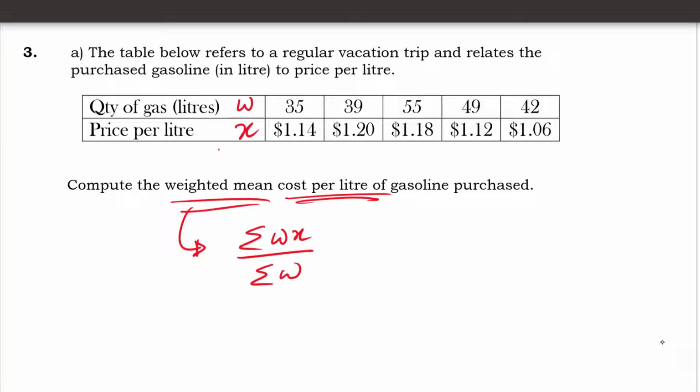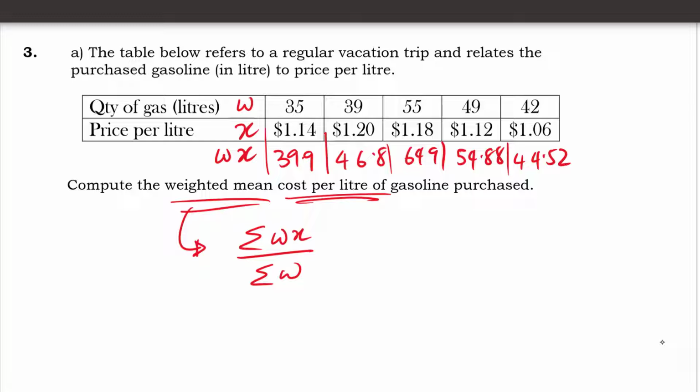To find the weight times X, that's the total price for each quantity purchased, we multiply the weight by each of the prices. So for the first one, we get 39.9, 44.52. So we need a total at the last row here.